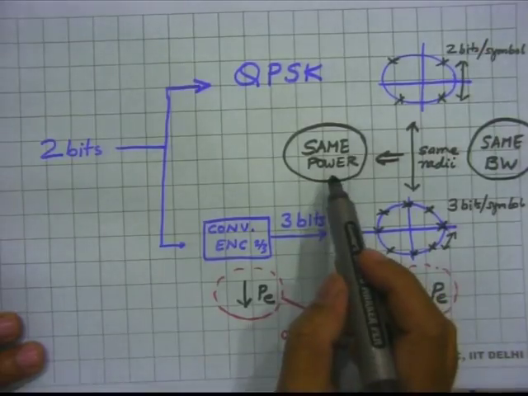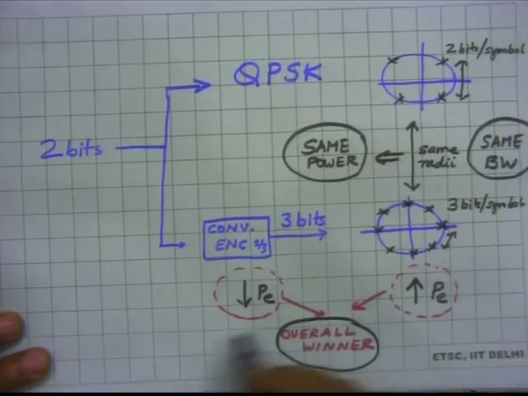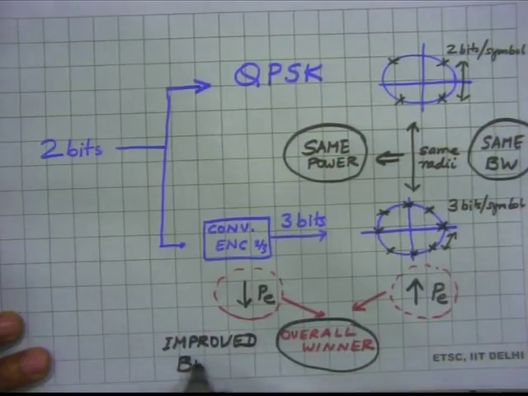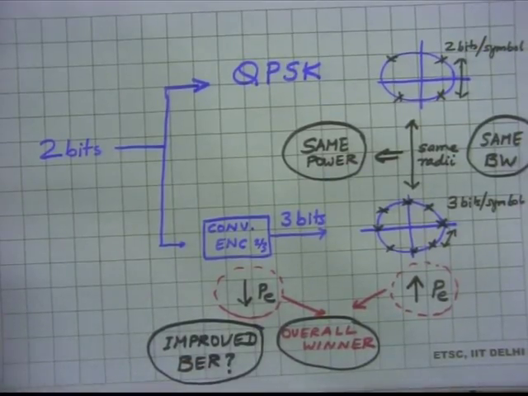Now, with the same power and same bandwidth, do we have an improved BER? That is the question. Did we really gain something out of nothing?